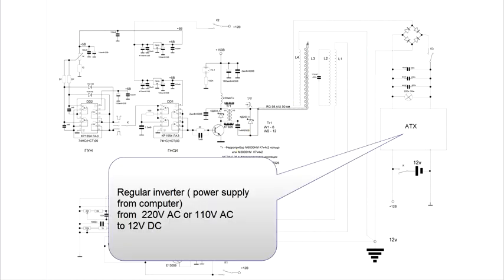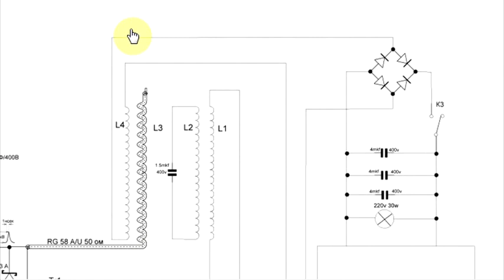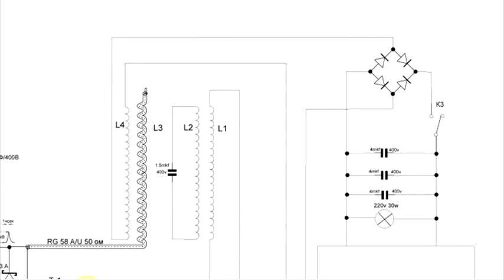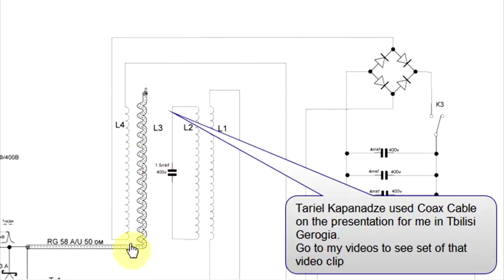That is a regular inverter from the computer, and that's the load, which is the regular light bulb. That's what we call the magic coil. It is made of L4, which is connected to the rectifier, L3, which is the regular coaxial cable 50 ohm, and is shorted at the end of it.